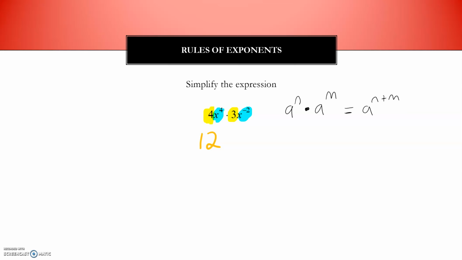So what this means is, provided the bases are the same, this rule only works if I have the same base, like I have both x here, I can take the two powers and add them together. So I would have x 4 plus negative 2 simplified is 12 x to the second.